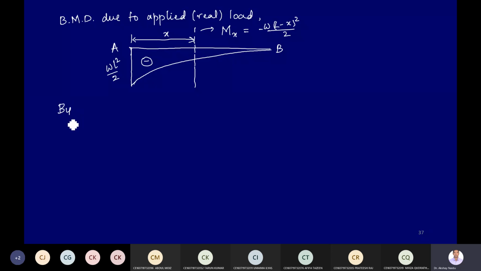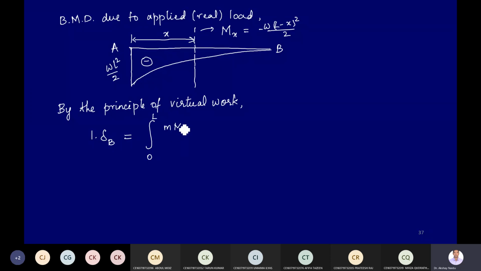Now, by the virtual work principle, one times delta B, the work done by the unit load, is equal to the integral from 0 to L of small m times capital M by EI dx.